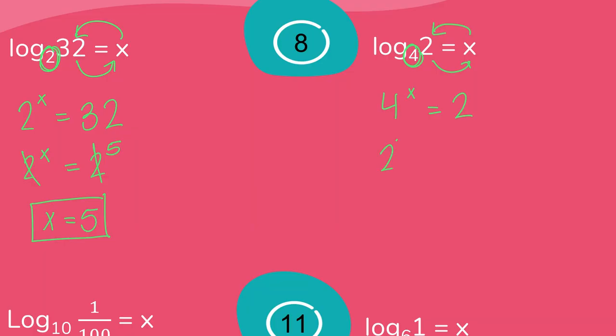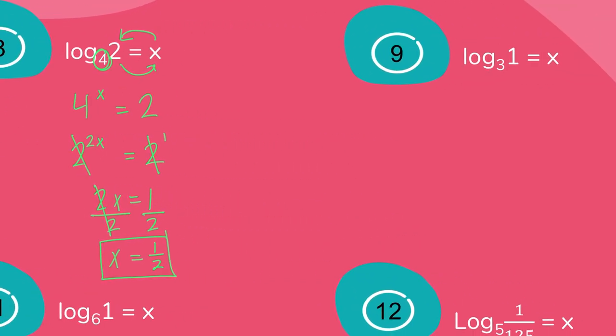So I'm going to have 2 to the power of 2 times x equals 2 to the power of 1. Remember, if there's no exponent, it's always a power of 1. Cancel out my bases, and I'm just solving for x. 2x equals 1. Divide by 2, it's just algebra from here. And x equals 1/2. Super easy, nothing too hard.